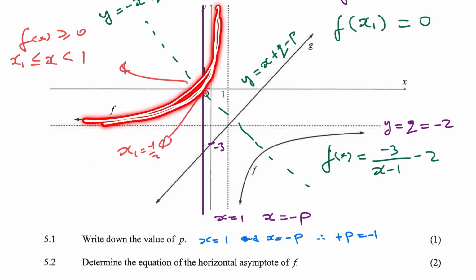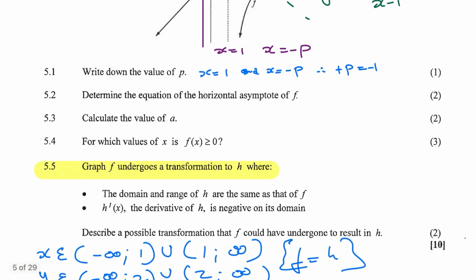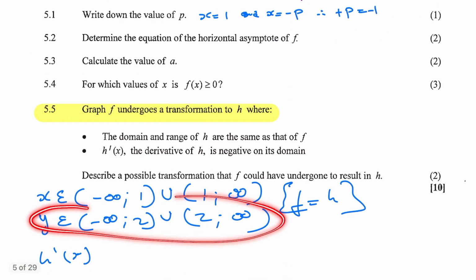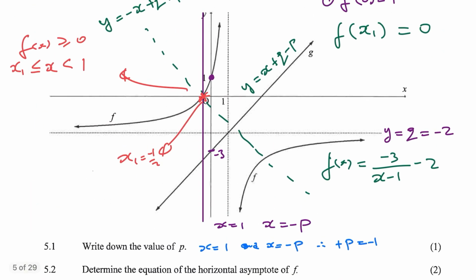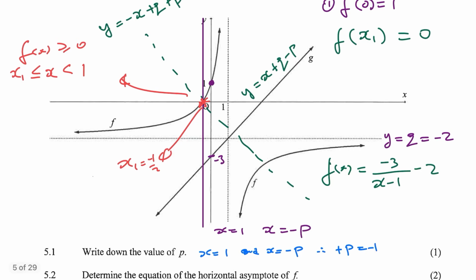It can look differently, but in this case, we still keep the range, so it still goes from negative infinity to positive infinity, but the domain is affected. So it has to be like this.